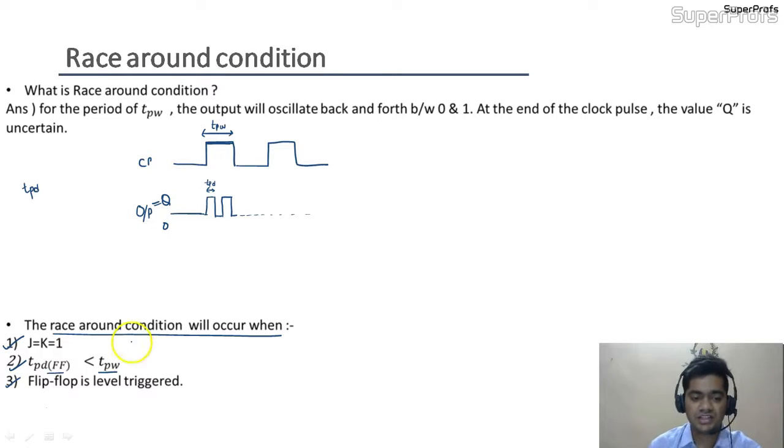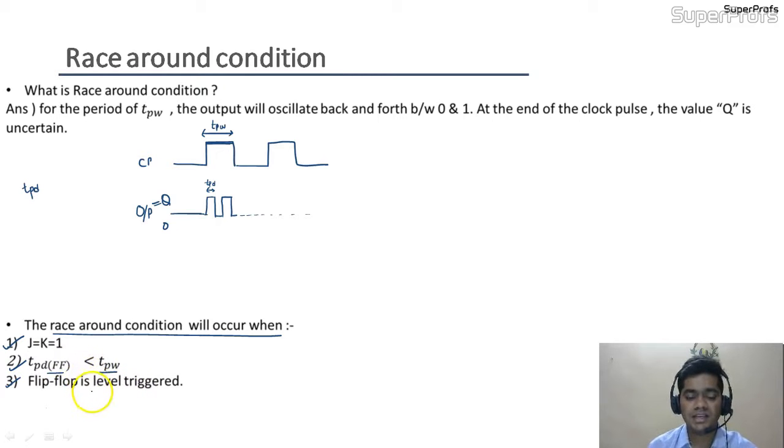Therefore, the three conditions that are important for the occurrence of race around condition are: J equals 1, K equals 1, propagation delay of a flip-flop is less than the pulse width, and the flip-flop is level triggered.